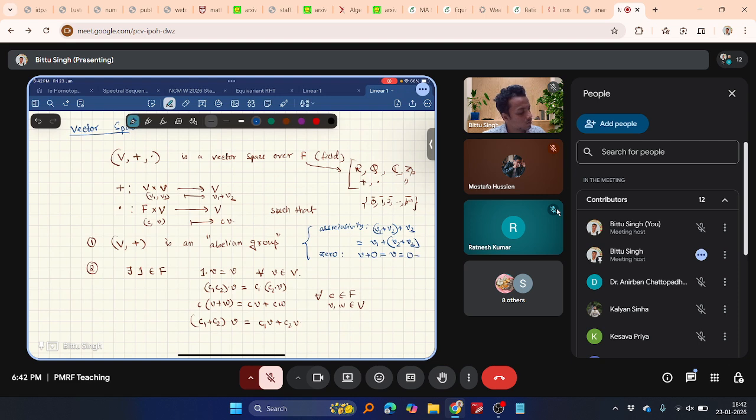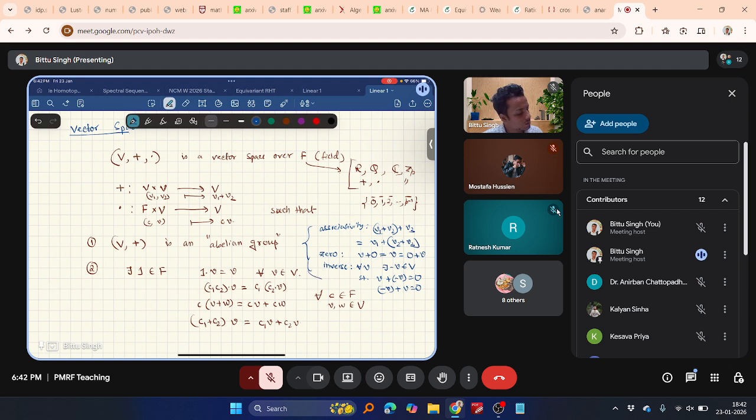There is the additive inverse, denoted by minus. So for every v, there exists some minus v belonging to V, such that if we add v with minus v, we get 0, or first add minus v and v, equal to 0.